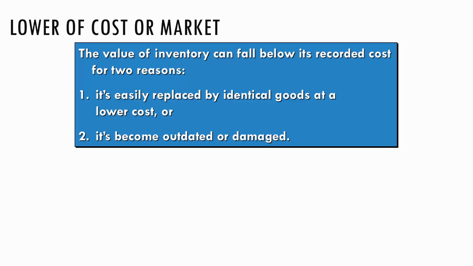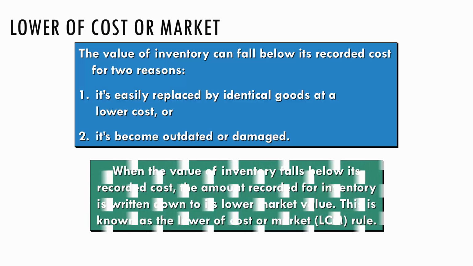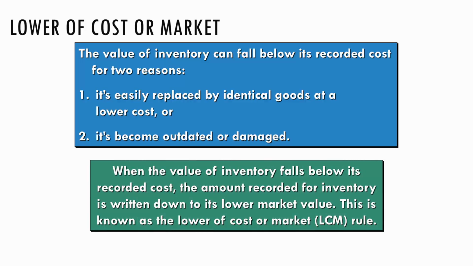So if we're still showing it on our balance sheet at the value at which we purchased it, which is an inflated value, we should really mark it down. We should reduce the value to what we would pay for that item today. And this is called the lower of cost or market, or LCM rule.